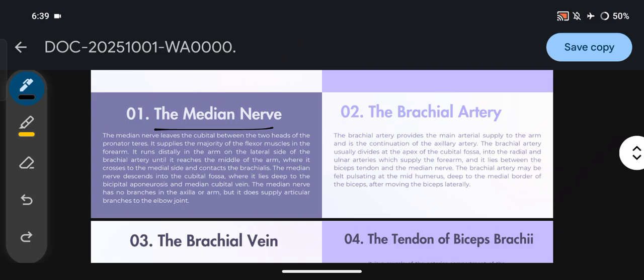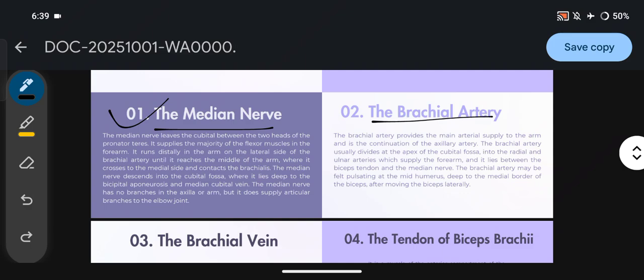It descends into the cubital fossa where it lies deep to the bicipital aponeurosis and median cubital vein. It has no branches in the axilla or arm, but it does supply articular branches to the elbow joint. So the first one is complete.